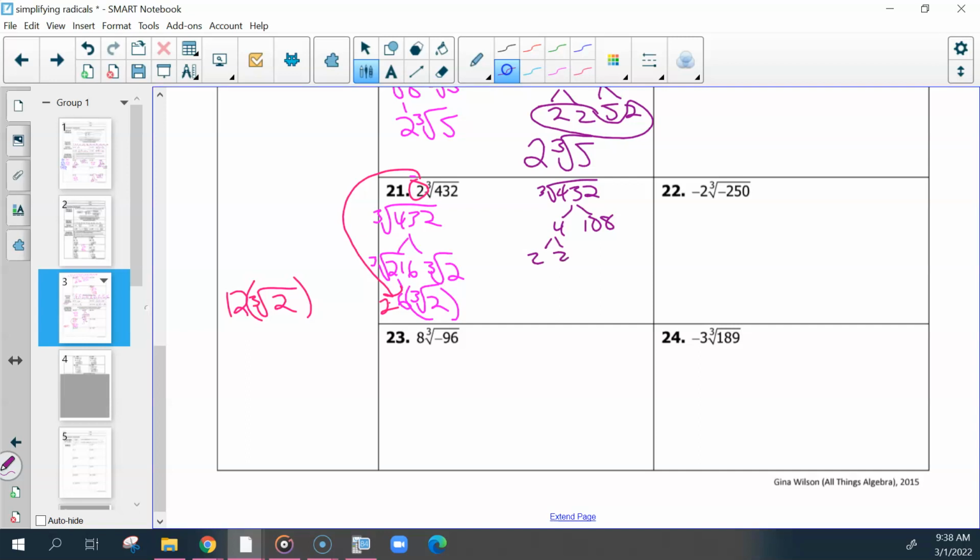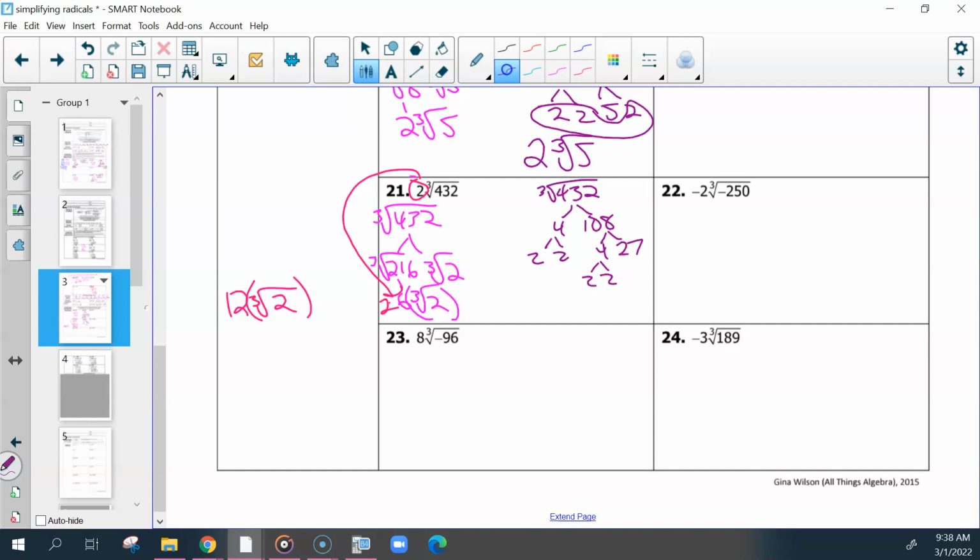So that's good. Now we just got to focus on 108. Give me 2 factors of 108. And it's okay if you just use 2 the entire time. 4 and 27. Okay. 4 we can break down to 2 and 2.